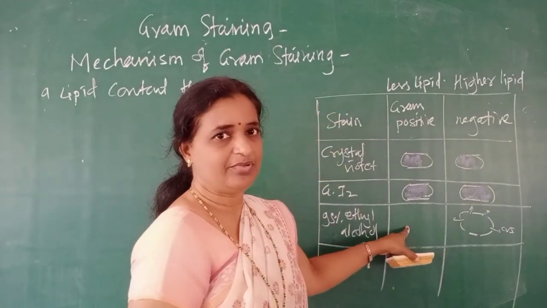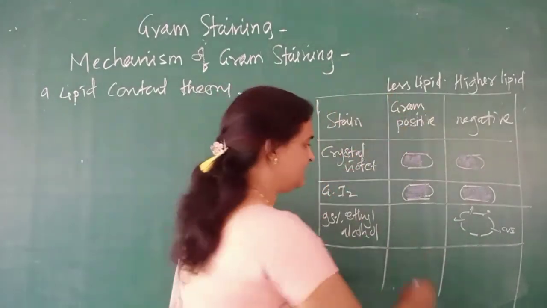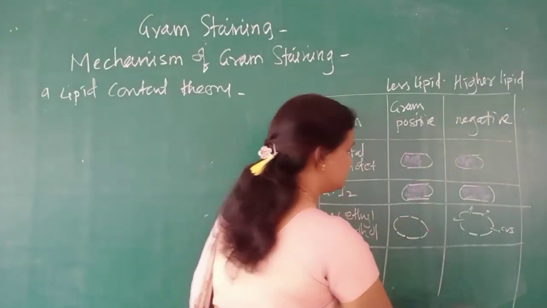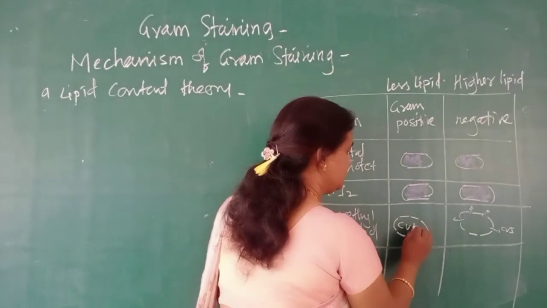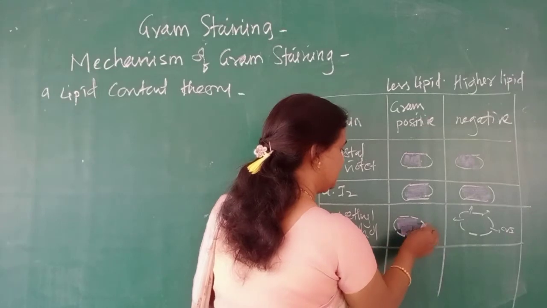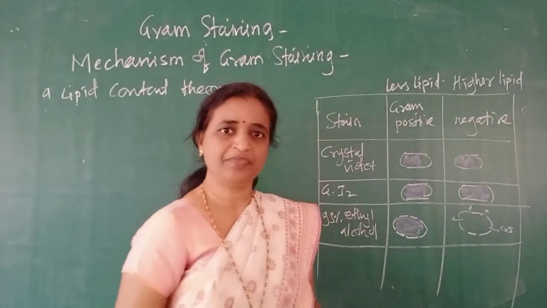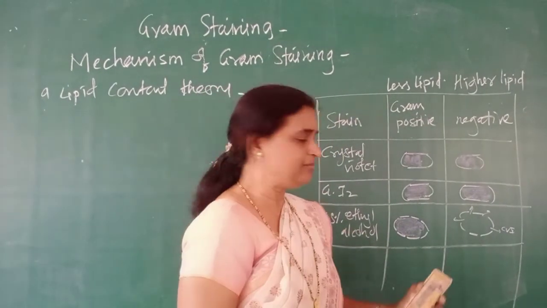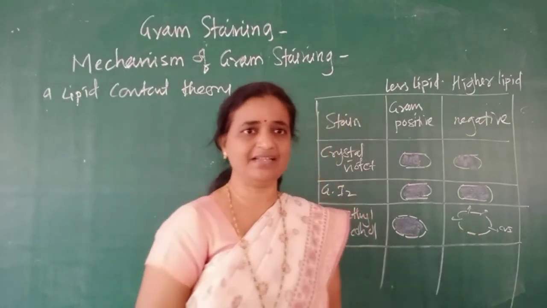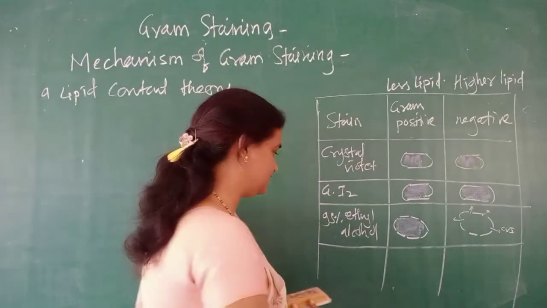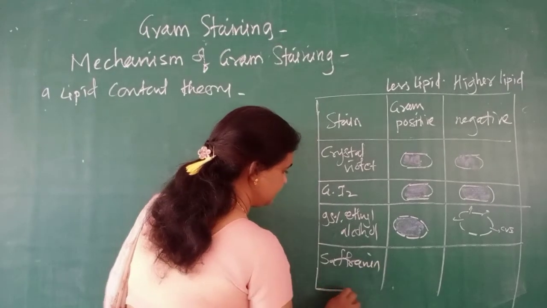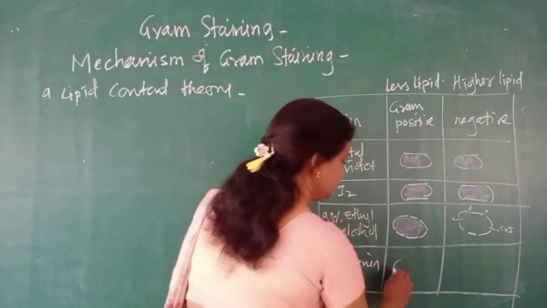What happens in gram positive? As lipid content is very less, pores will form as the lipid dissolves, but these pores do not allow the CVI complex to come out of the cell. So once the CVI complex stains the gram positive cell, it is retained. After the third step, the gram positive cell remains violet and the gram negative cell is selectively decolorized. In the last step, you apply safranin, a counter stain, which is also a basic stain.